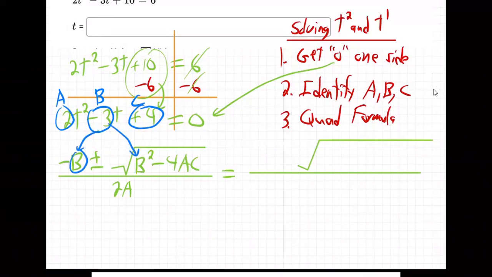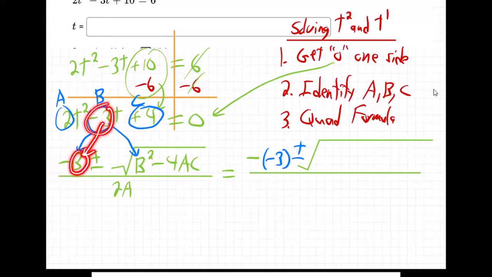So notice there's a negative built into the formula, and then I'm plugging in -3. Everybody seeing that? There was a negative that was already part of the quadratic formula. And then in addition, I plugged into the B slot, -3.